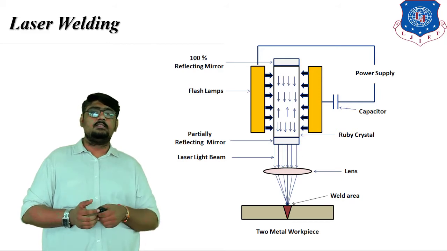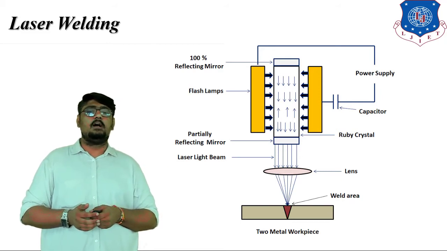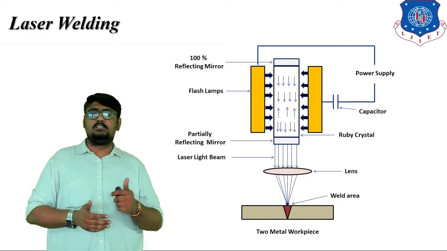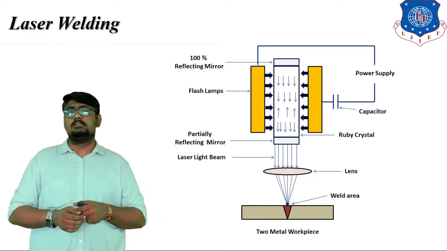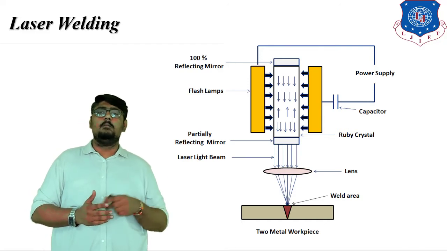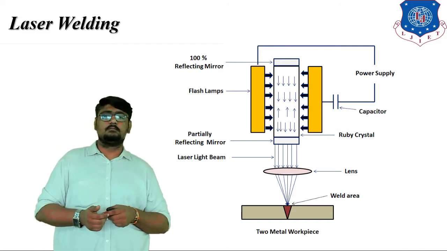The lasers used for melting are Nd:YAG lasers, that is a solid state laser, and in gas state, CO2 lasers are used. These are two highly powerful lasers.